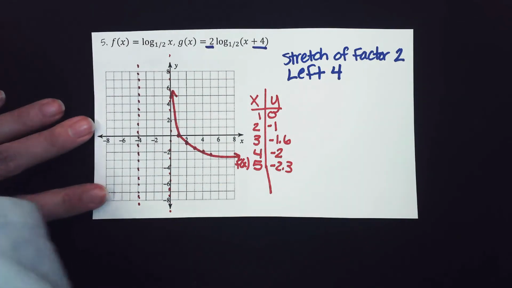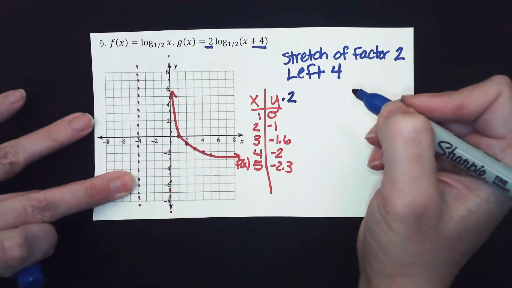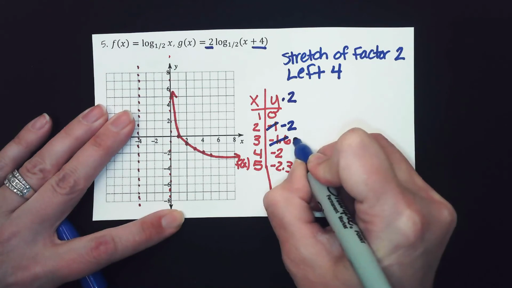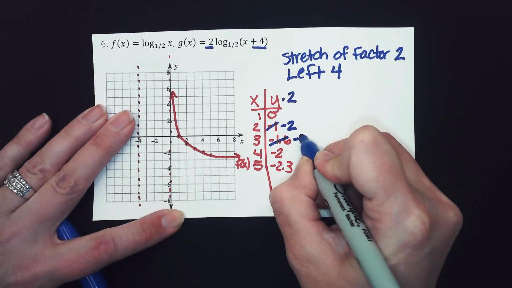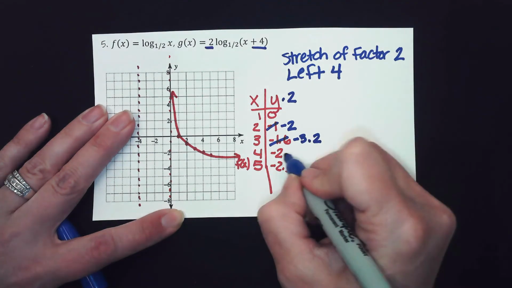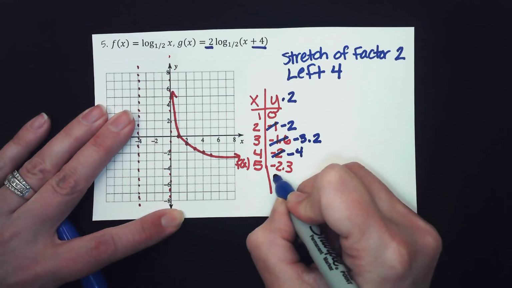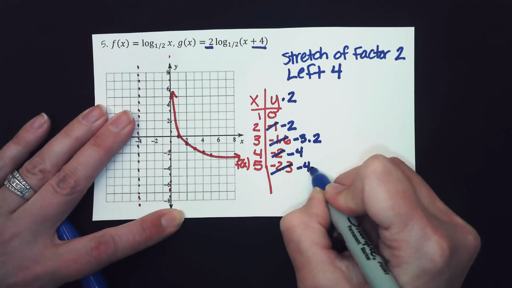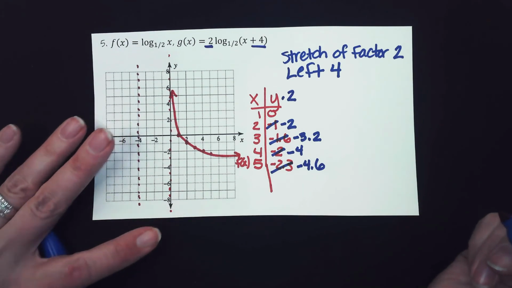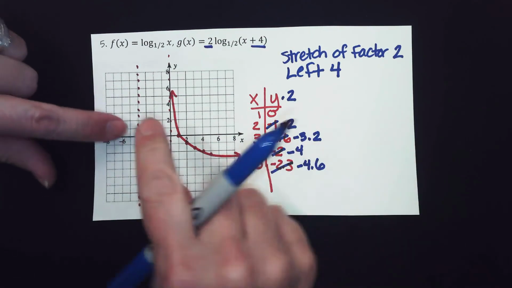Now we did have a stretch of 2, so I need to multiply the y values by 2. So this becomes a negative 2, negative 3.2, oh yeah, sorry, negative 4, negative 4.6. Okay, so if I graph those now, I'm going to graph these points from where I moved.